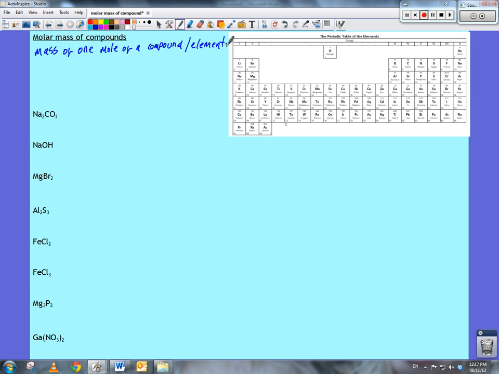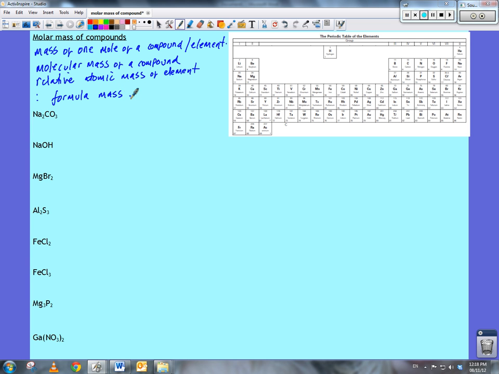It's numerically equal also to the molecular mass of a compound, or the relative atomic mass of an element, if it's an element, or it's often just known as the formula mass.